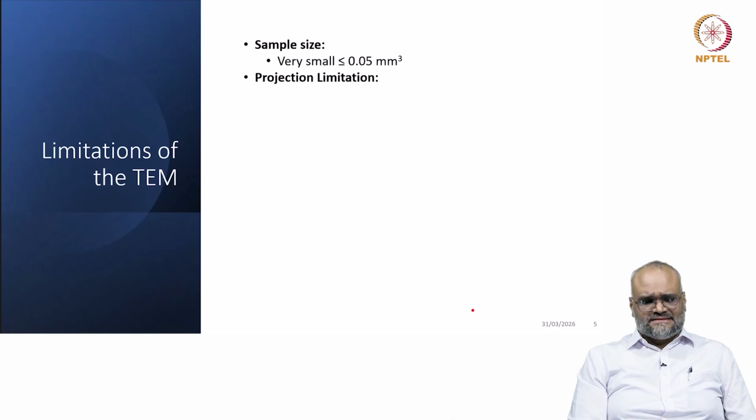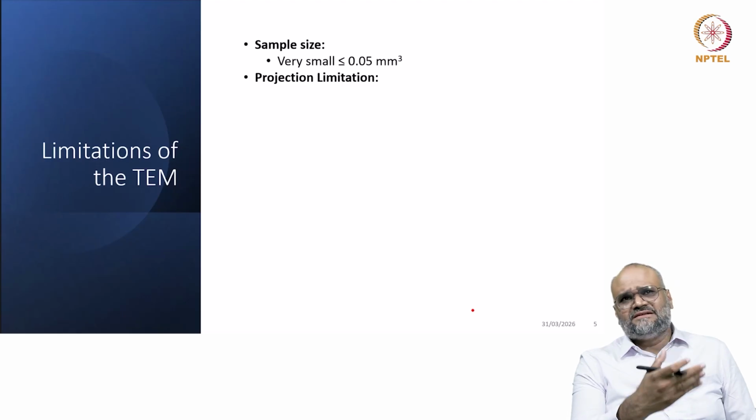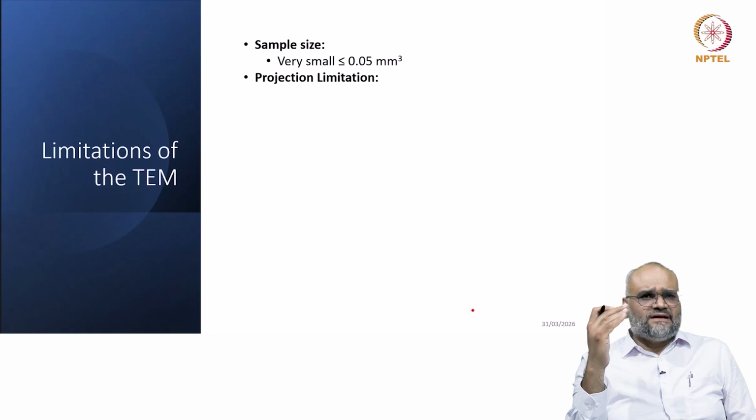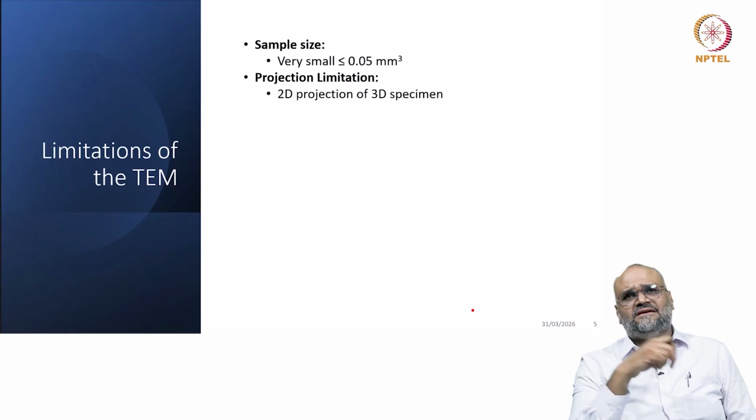The next thing is, transmission electron microscopes have the projection limitation problem. That is, after the electron beam interacts with the specimen, whatever information is forward scattered is projected onto the screen or your camera. So what you're actually recording is a two-dimensional amplitude distribution of a three-dimensional specimen.